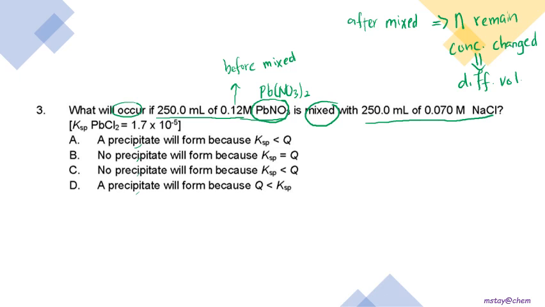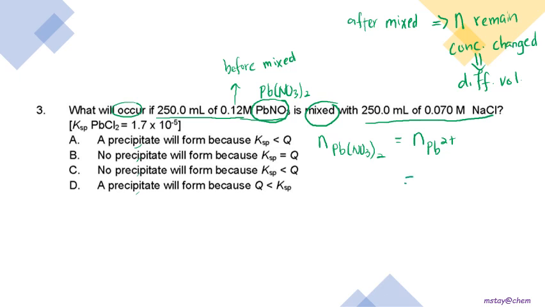Now let's start with the lead 2 nitrate. The number of moles of lead 2 nitrate will equal the number of moles of Pb2 plus, because 1 mole of lead 2 nitrate produces 1 mole of Pb2 plus.